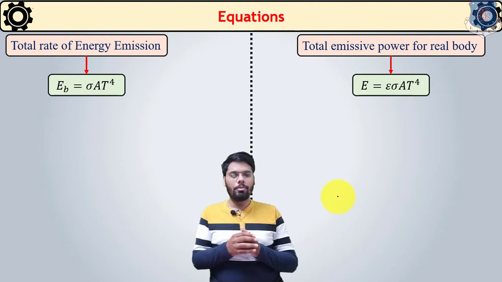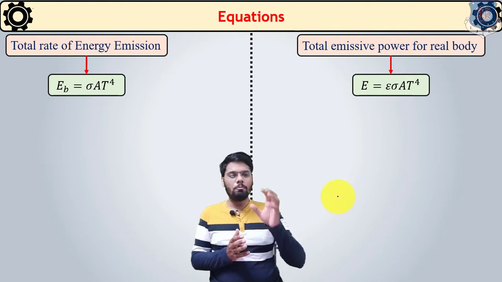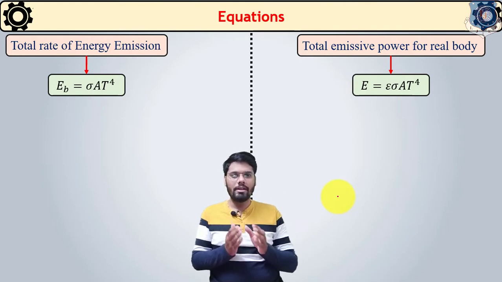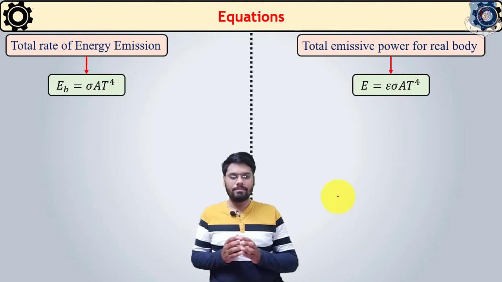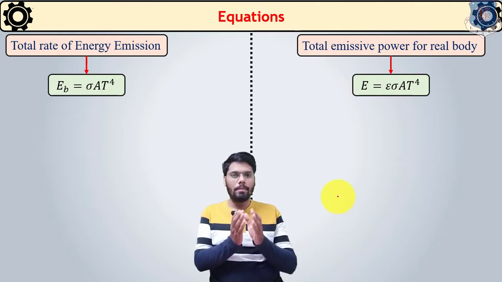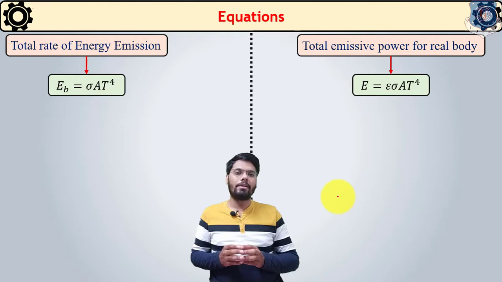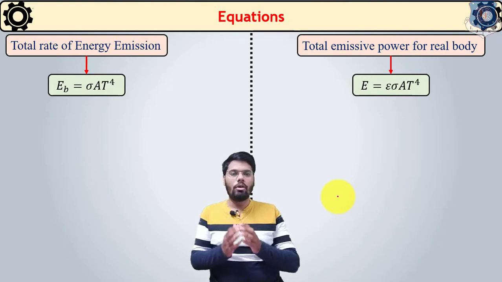We have learned in our previous videos that the emissivity of any body can be calculated as the emissive power of that body divided by the emissive power of the black body at the same temperature. So the ratio of the emissive power of the real body to the emissive power of the black body at the same temperature gives the value of emissivity for that body.